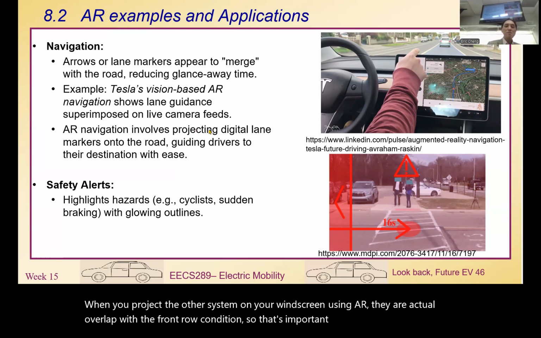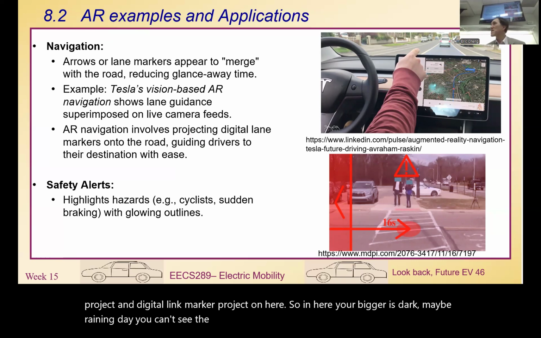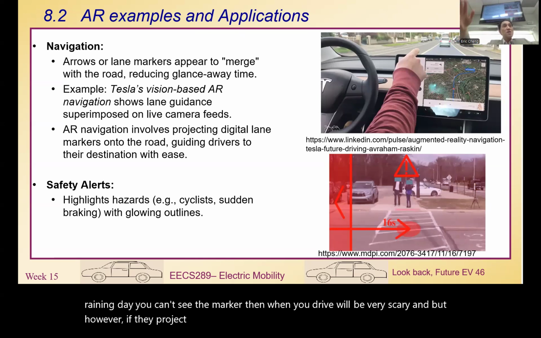So it can involve projecting digital lane markers, projected on here. In here, because it's dark, maybe a rainy day, you can't see the markers. Then when you drive, it will be very scary. However, if they project the lane line on the windscreen, then you can follow much more easily. So that will be quite important.